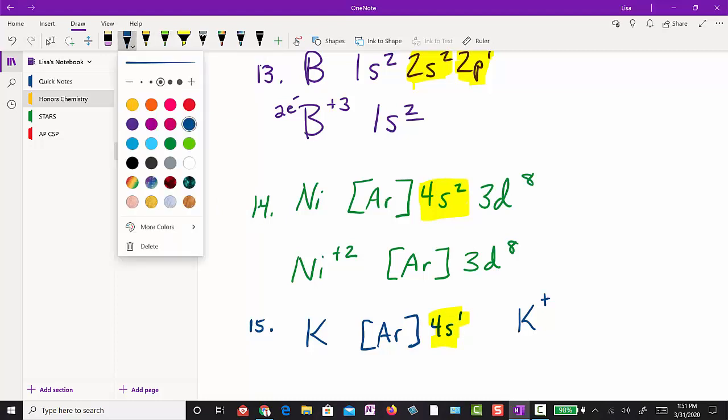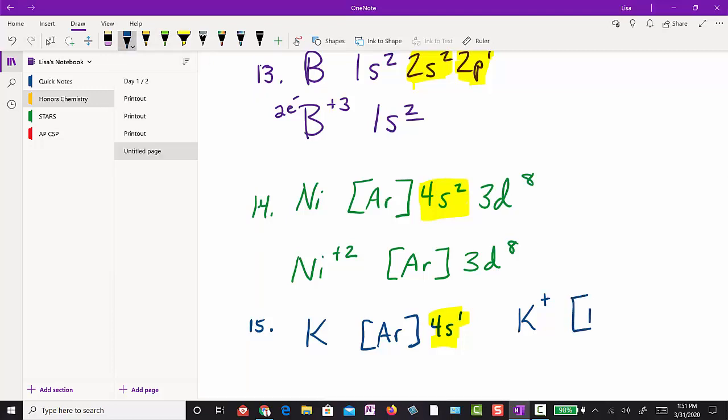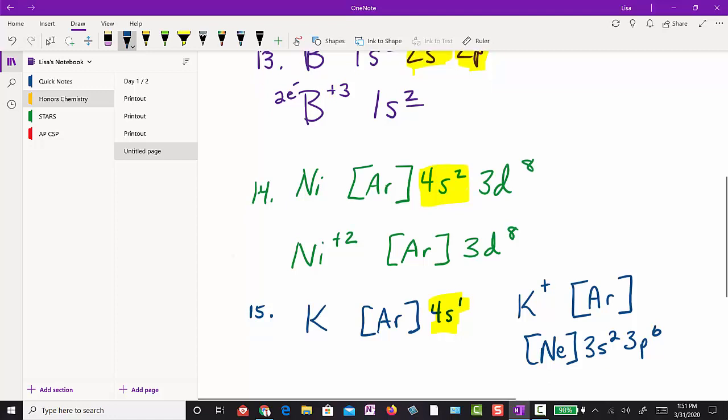Sometimes you'll see places where they just write it like that, but the actual correct way is to go back and write it as neon 3s2 3p6.